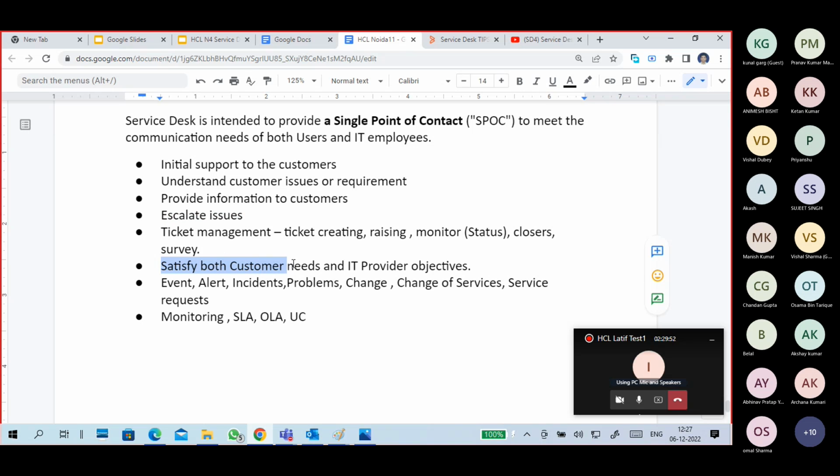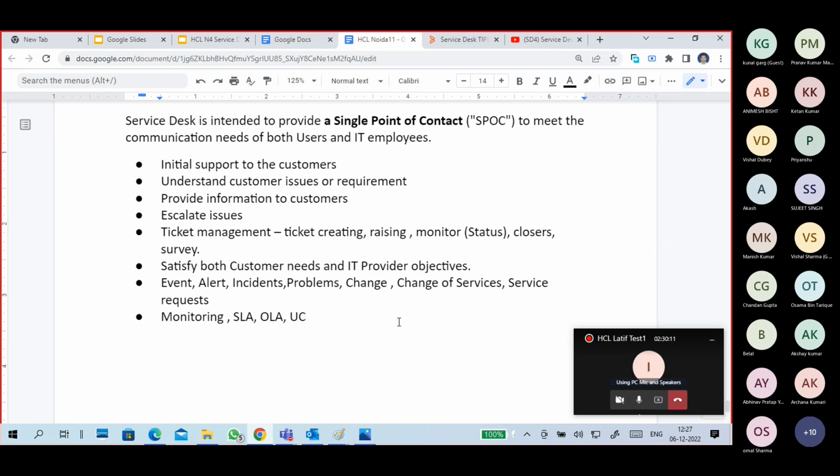The next one is to satisfy both customer needs and IT provider objectives. The IT service provider provides services. What is their objective? To provide a service to the customers and maintain the SLA, the service level agreement.